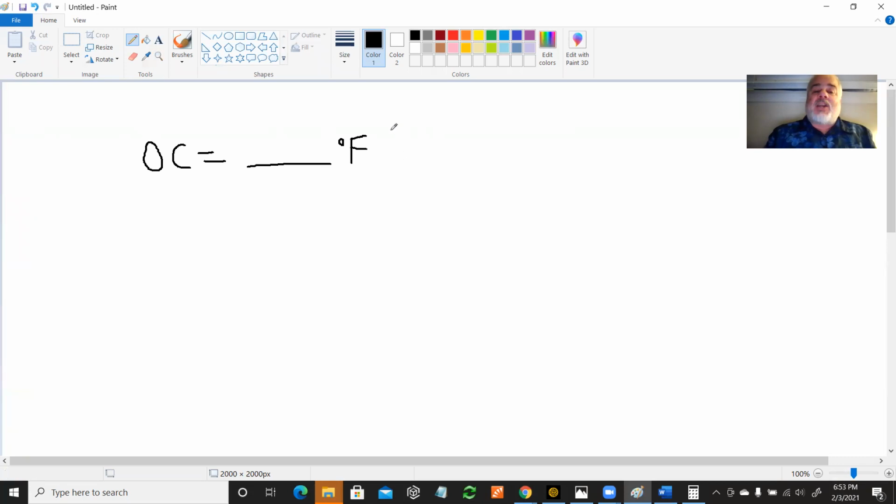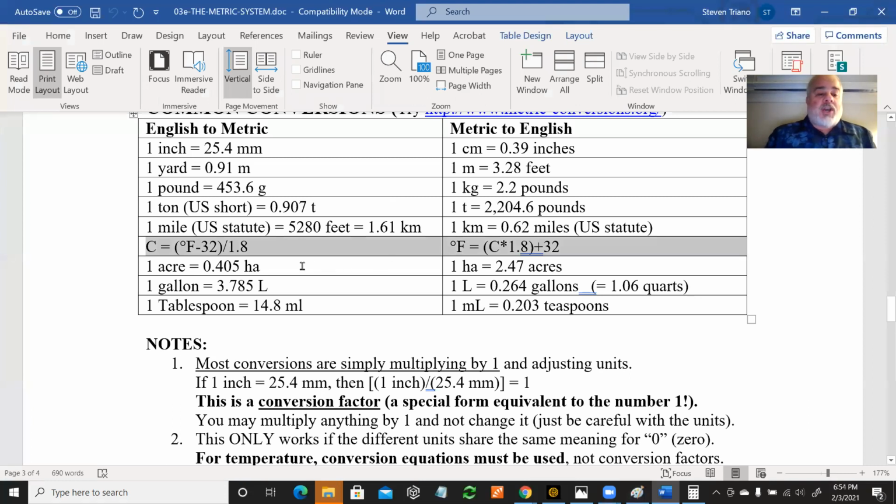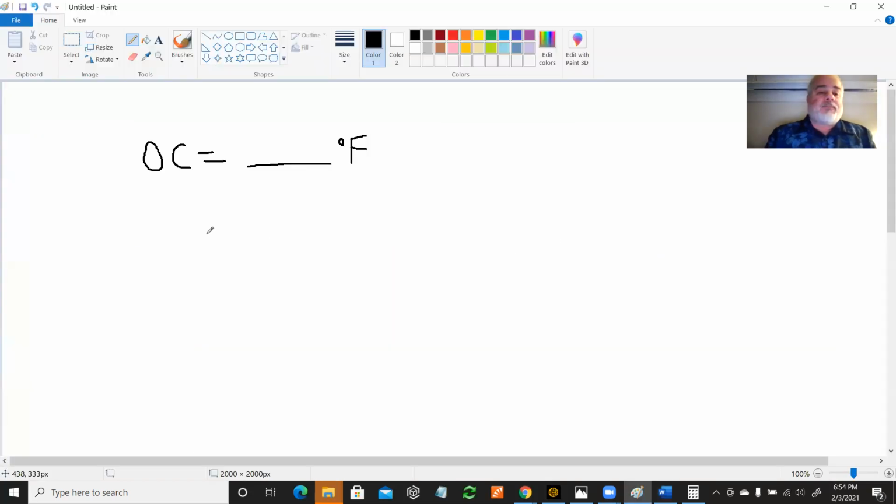So what is my unknown? My unknown in this case is Fahrenheit. So because Fahrenheit is the unknown, I want to pick the equation on the right where Fahrenheit's already by itself. So centigrade times 1.8.